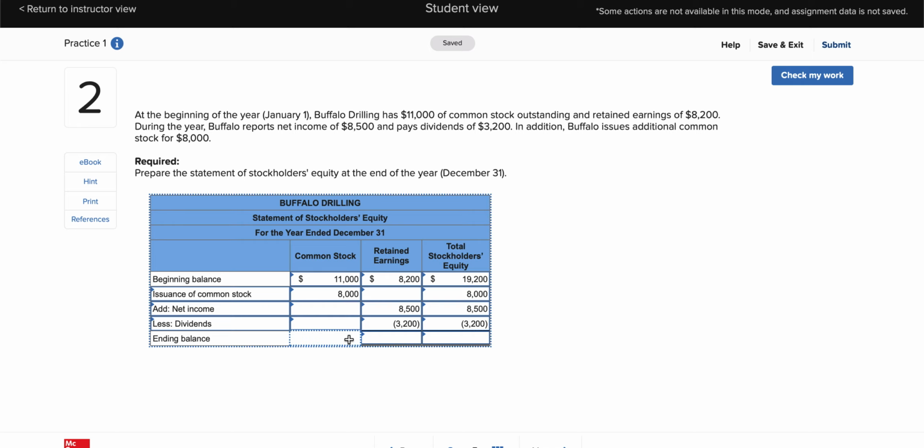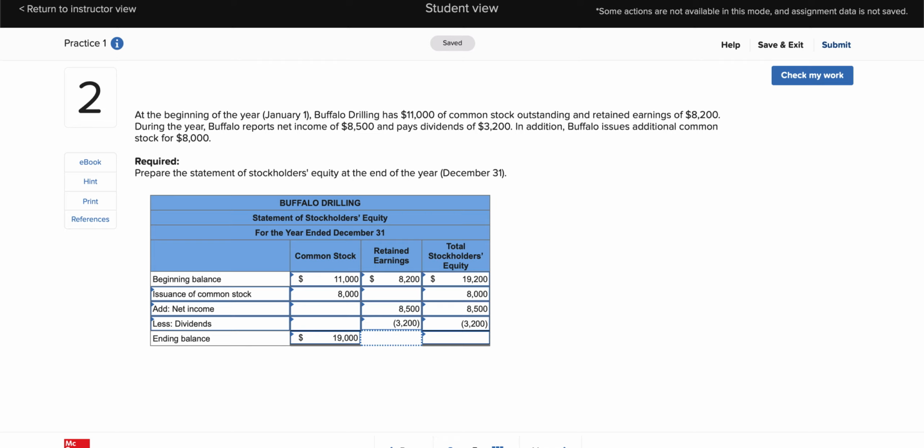And so then for the ending balance, we need to add up all of the items in each one of the columns and then make sure that they match going horizontally and vertically as they come together in this corner box here. So we are looking at 19,000 here.